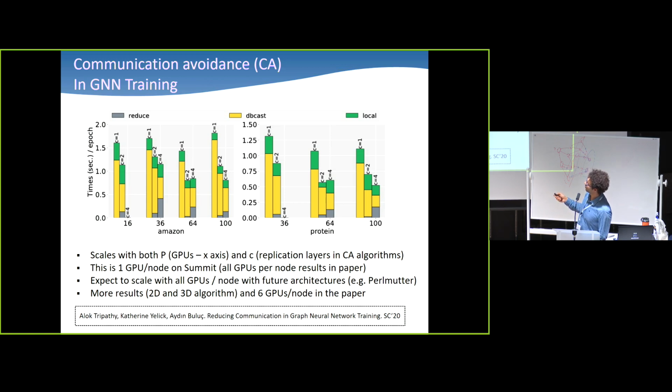C equals 1 is a pure 1-dimensional algorithm. C equals 4 is becoming more and more 1.5-dimensional. And you can debate me that the name is obscure, and I won't say anything against it. But we were able to scale some of the challenging problems reasonably well. This is a really hard problem to scale.